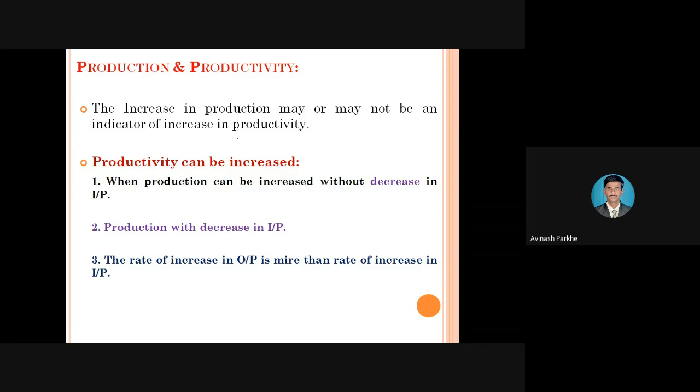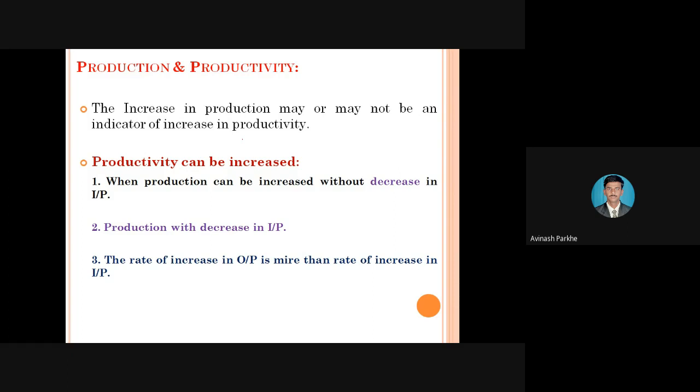If my production is increased, sometimes I can say that productivity also increases, but sometimes productivity cannot increase. If, to increase production, my input resources are less, then productivity can be increased.